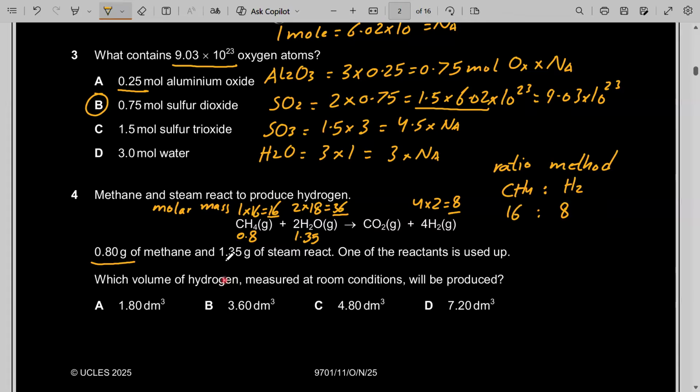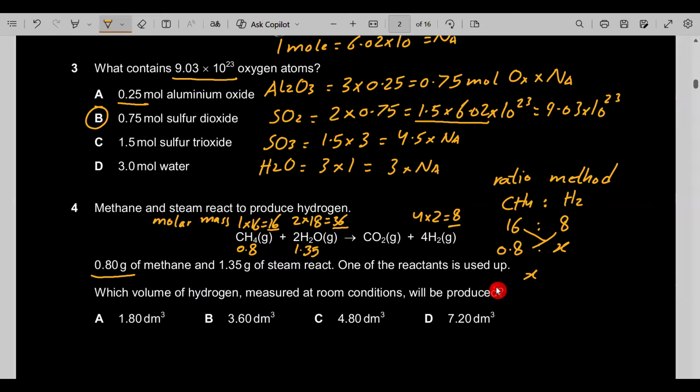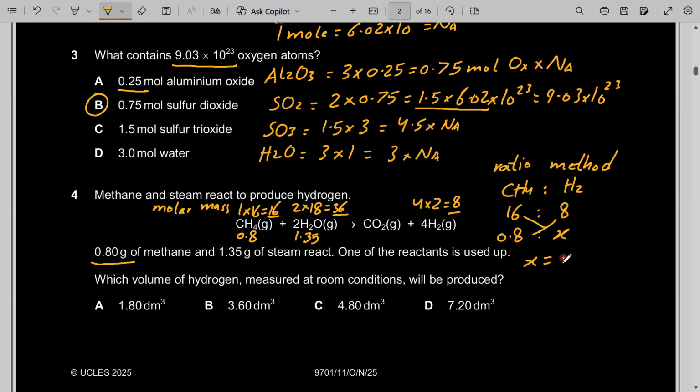Then I take the value from the provided value, 0.8 gram for the methane, and this time the value of hydrogen becomes X. Then do the cross multiplication. So the value of X will be equivalent to 0.4 gram. So 0.4 gram of hydrogen gas will be produced.